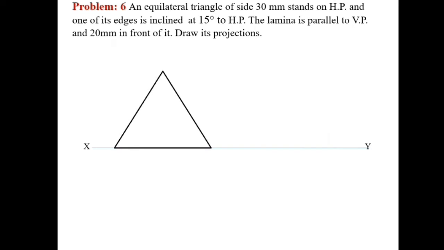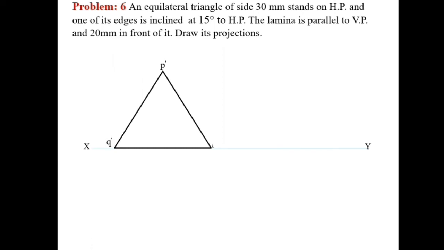And we are going to draw the figure now, the equilateral triangle, and you will draw the XY reference line. And you know that the true shape of the equilateral triangle, you will get it on the VP plane. So that is our front view because it stands on HP. So you will get the true shape on the VP plane in the front view, and you will locate the points here.